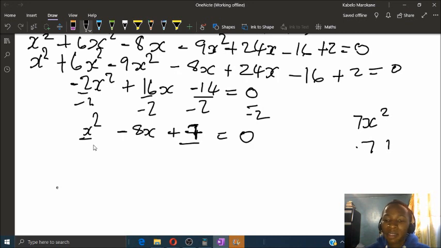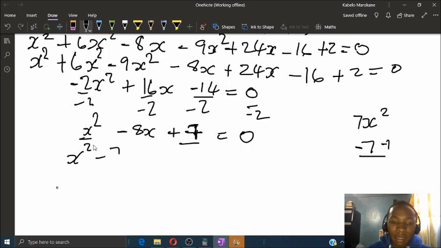So minus 7 will be negative. And because this is negative 8x, in order to get negative 8x we have to use minus 7 with minus 1. And in order to get plus 7 when we are multiplying, we have to multiply minus 7 and minus 1. Negative times negative will give us positive. So those are our factors.